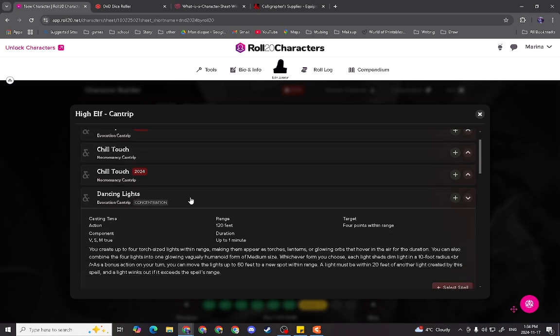You have dancing lights, which creates up to 4 torch-sized lights and sheds dim light, so you would be in dim conditions. You would see as if in bright light, because you're an elf.